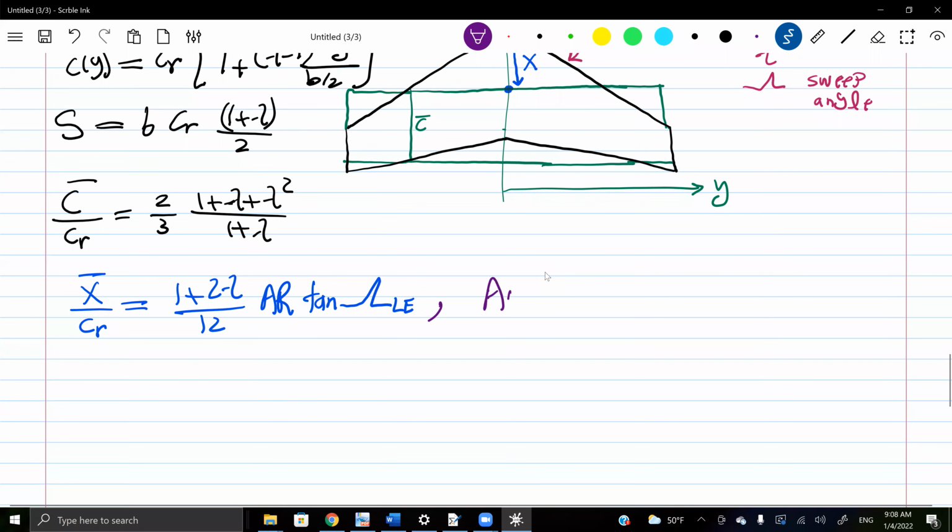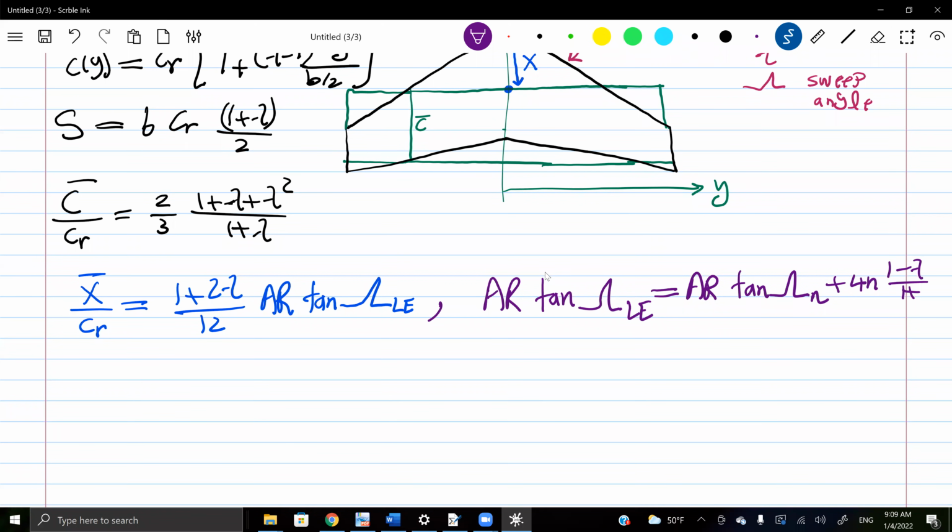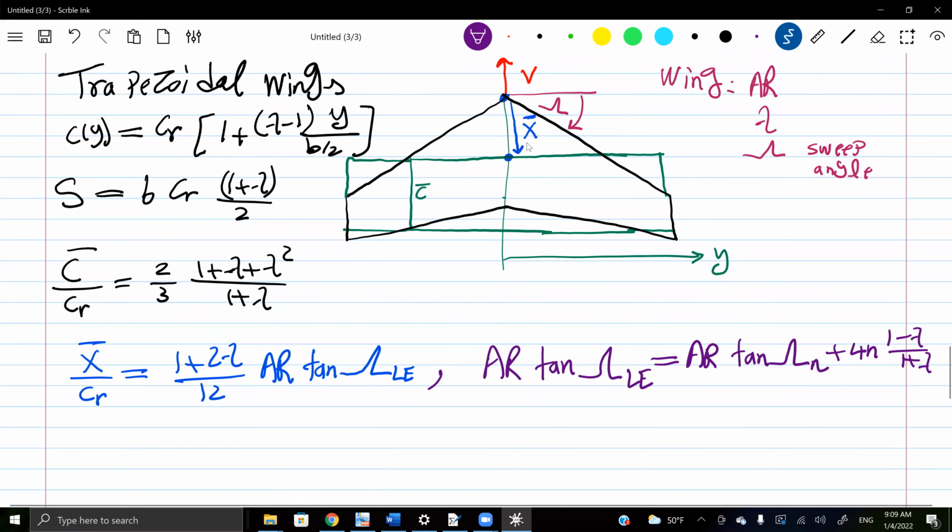So the tangent of the sweep at the leading edge is aspect ratio over 4, and the sweep at any station n is related by n plus 4n, (1 minus lambda) over (1 plus lambda). What do you mean by n? n is 0 at the leading edge, n is 1 at the trailing edge. If I want to construct a quarter chord line, then n will be a quarter, and so on.